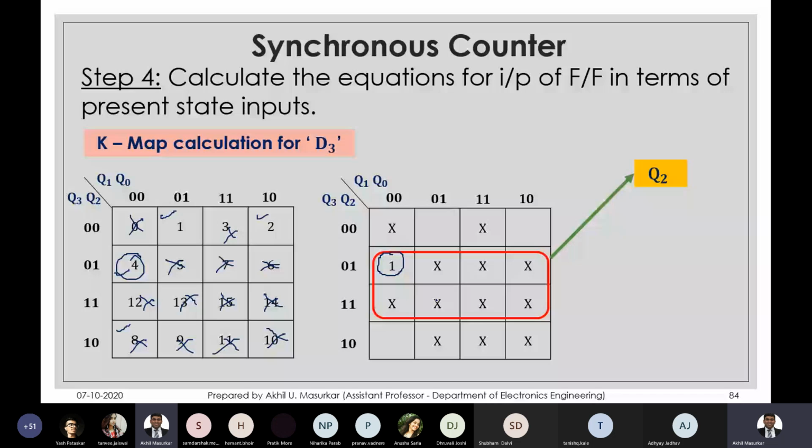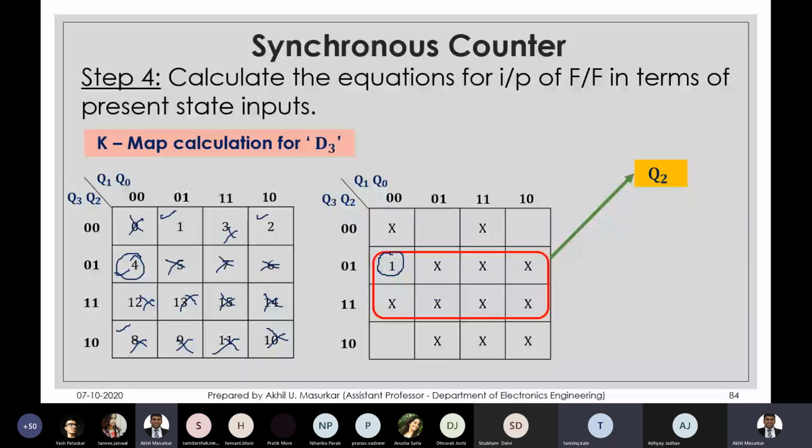Now Tanish's question: can we put zeros in place of don't cares? Tanish, can you answer this question? Sir, we can put 0 in place of don't care. So the numbers will keep repeating between 1 to 4 and 8.